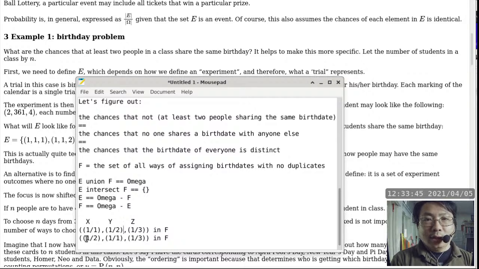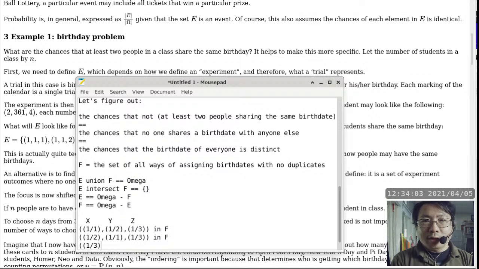Now, we also want all three items to be different. But within the confines of having three different items, we also want to count all the different ways to rearrange these things, so that the next one may look like 1, 3, 1, 1, 1, 2, and so on.